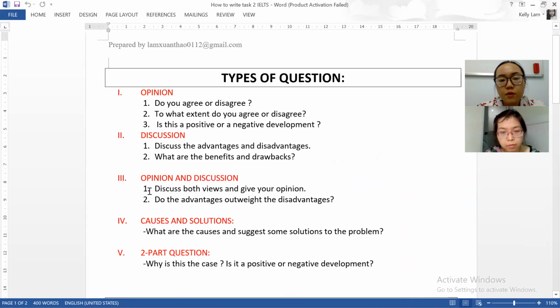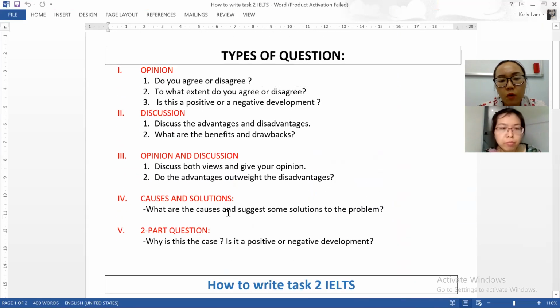They will ask you to discuss both views and give your opinion on the problem. Or they will ask, do the advantages outweigh the disadvantages? So you have to tell the advantages, the disadvantages, and then you tell your opinion about which one is more powerful.